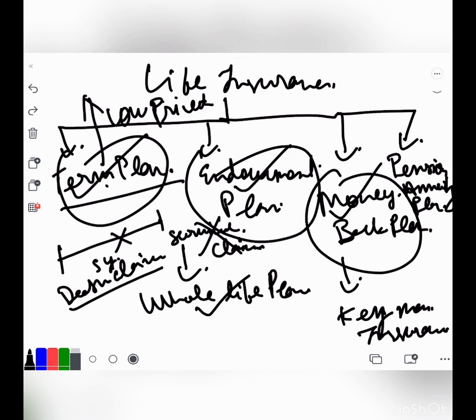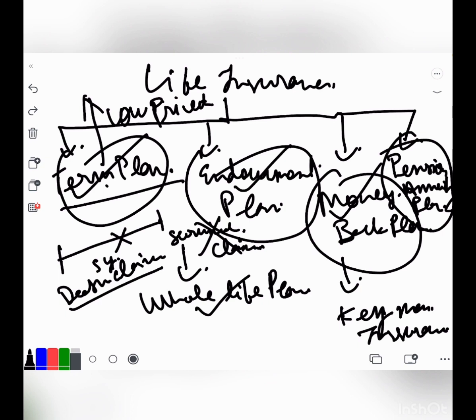Now we are going to talk about the pension or annuity plan. So what risk does a pension or annuity cover? The risk which it covers is the risk of living too long. Now because of medical facilities, better health facilities, individuals are living longer lives.